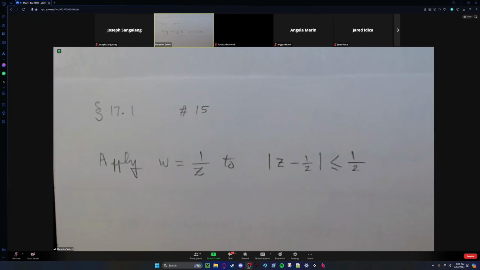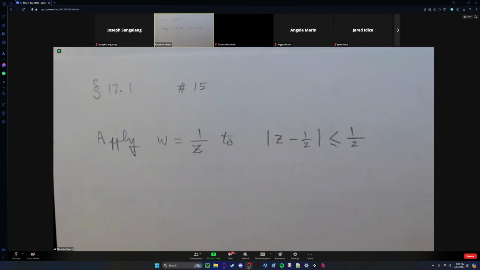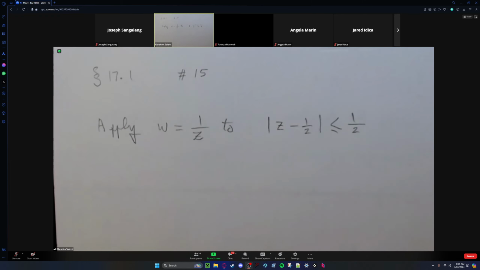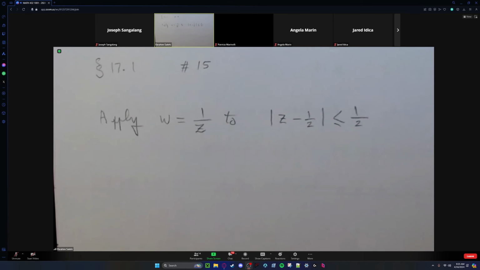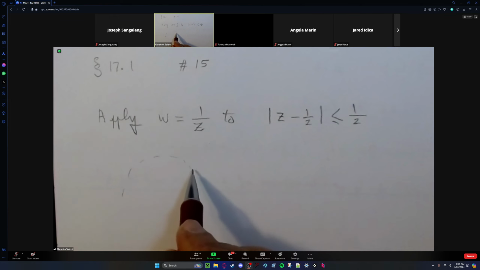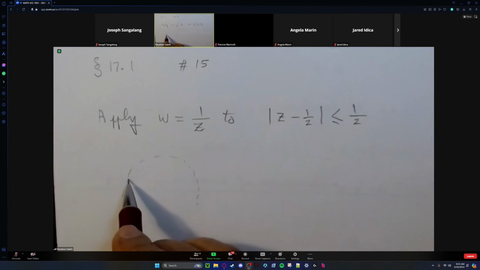That's, I guess, yeah, that's it. So let's look at this one, and with respect to the unit circle, here is the unit circle.